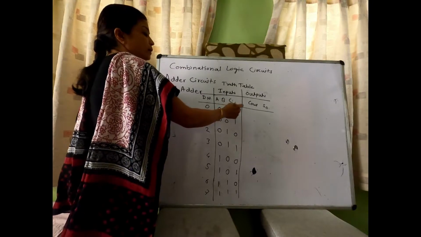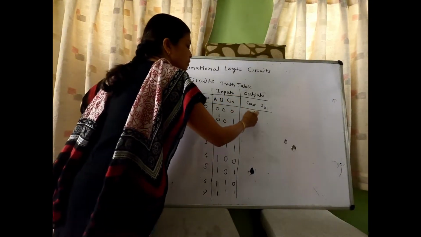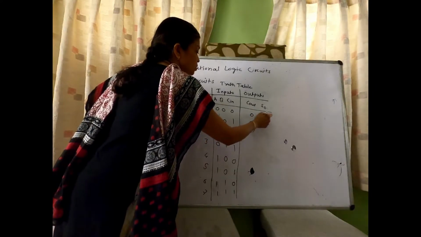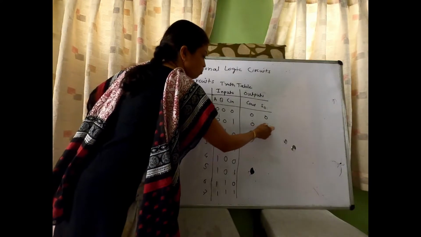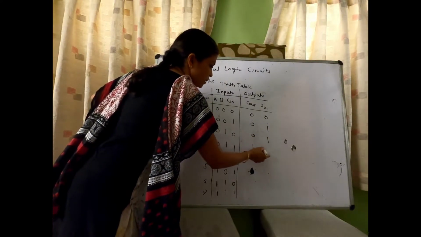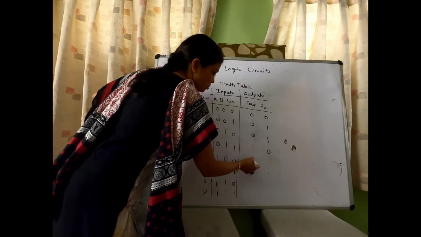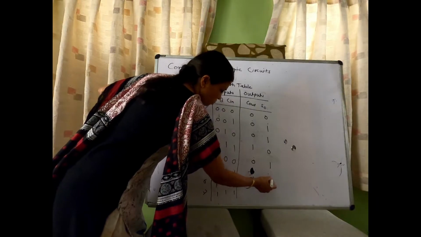Now we will use here the addition rules. 0 plus 0 plus 0 gives 0, 0. 0 plus 0 plus 1 gives 0, 1. Again 0, 1. Then 1, 0. Then 0, 1. Here we have 1, 0.